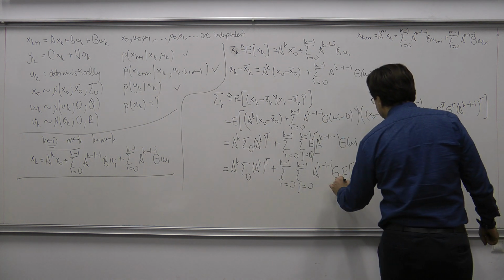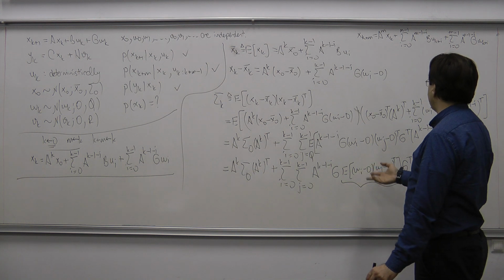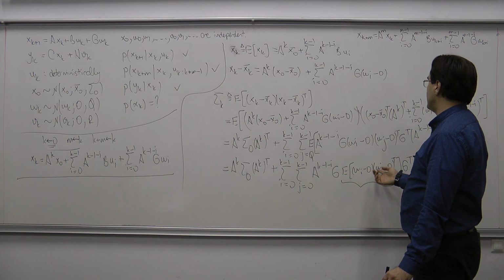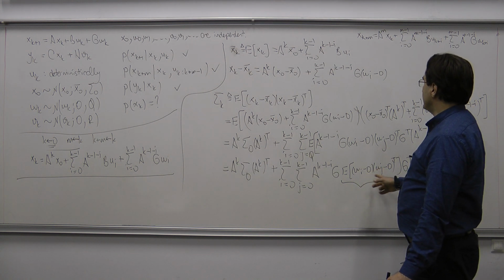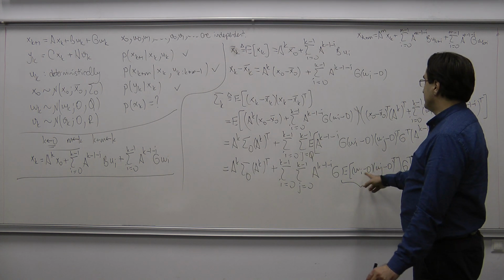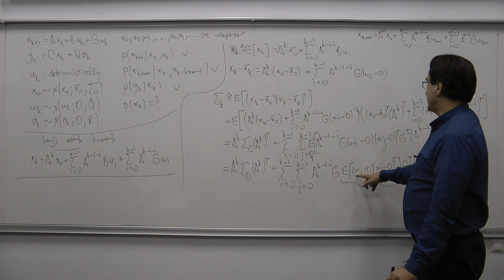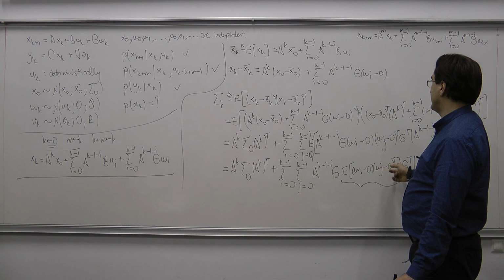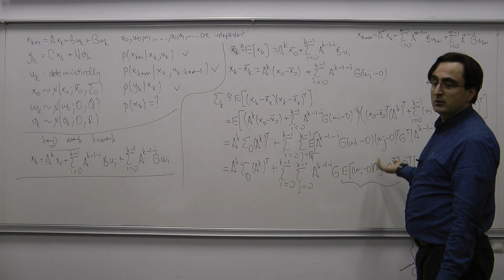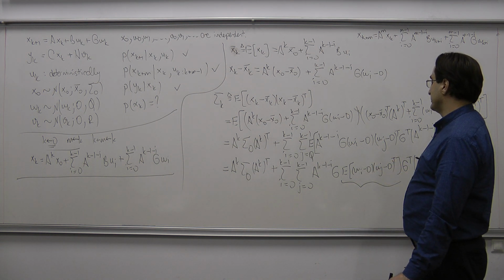So what is this expected value? I see here that we are taking the expected value of wi times wj transpose. I know that if i is not equal to j, these noise terms are independent of each other. That means that I can distribute the expectation as the expected value of wi times the expected value of wj transpose, which are both equal to 0. So when i is not equal to j, this is going to be equal to 0.